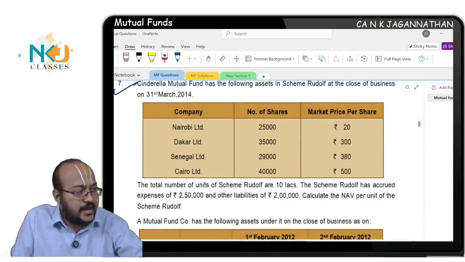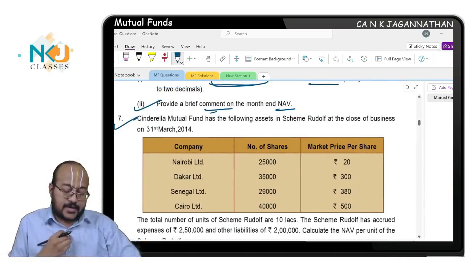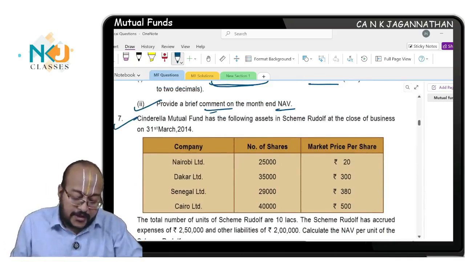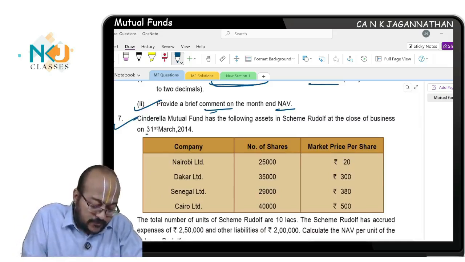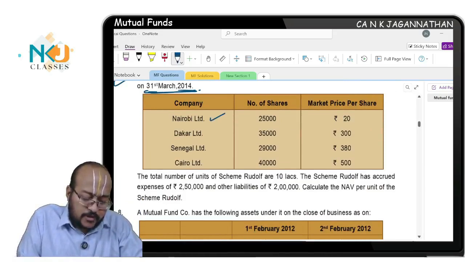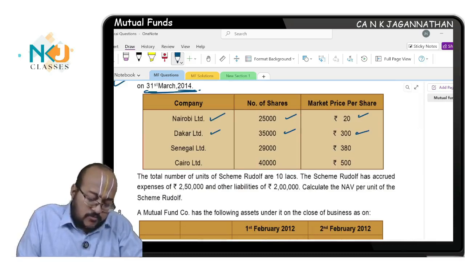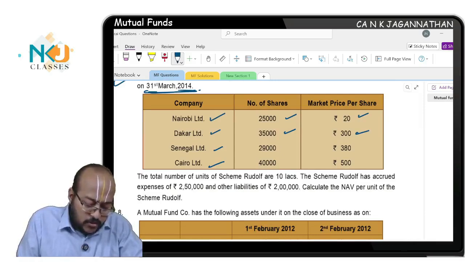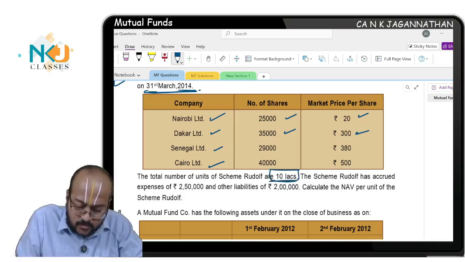Cinderella Mutual Fund has the following assets in scheme Rudolph at the close of business on 31st March 2014. Nairobi Limited, number of shares given, market price per share. Dakar Limited, number of shares and market price. Senegal Cairo Limited. The total number of units of scheme Rudolph are 10 lakhs outstanding.